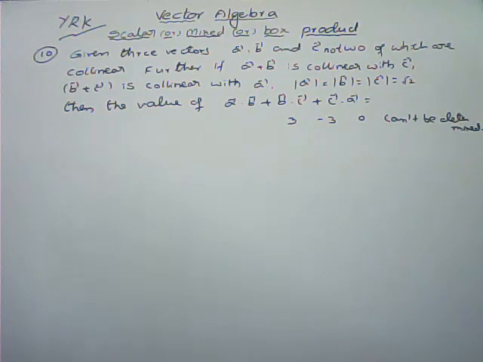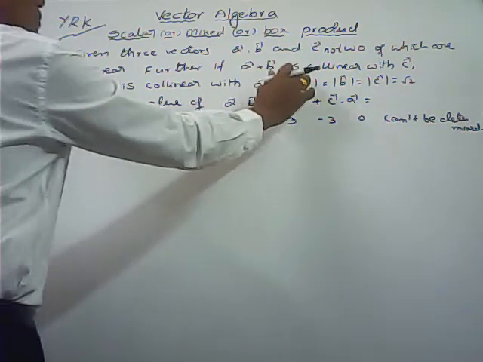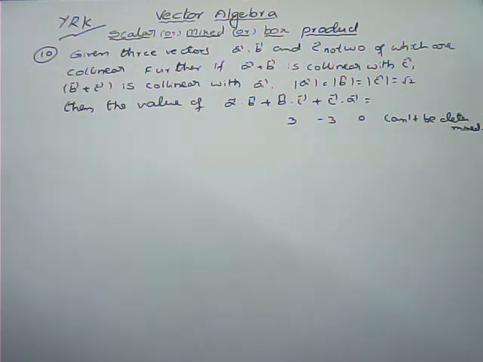Next one, given three vectors a bar, b bar, c bar, no two of which are collinear. Further, if a bar plus b bar is collinear with c bar, here if they are collinear or parallel, we can write one vector in terms of another one by multiplying with the scalar. Collinear or parallel, here we can say that two are linearly dependent also.